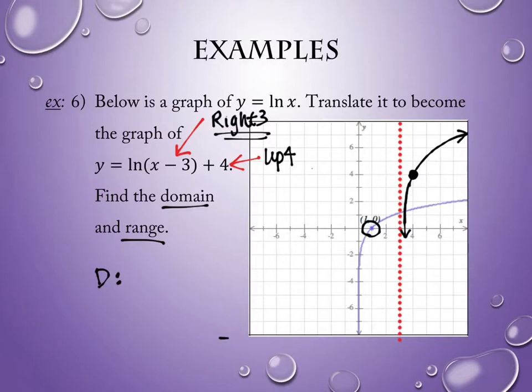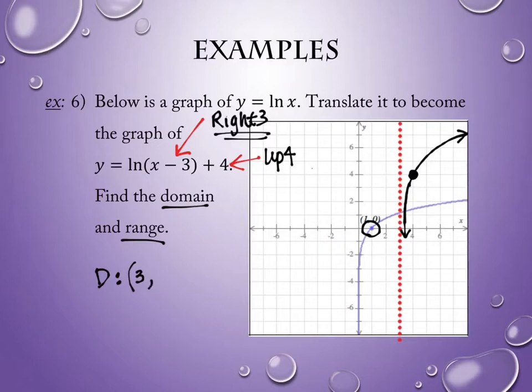What's the domain for this particular function? Where do my x values start for the graph that I drew? 3. And do I get to equal 3 or not? So am I a parenthesis or a bracket? What was that? Parenthesis, because the asymptote actually happened at 3. The graph starts after that.